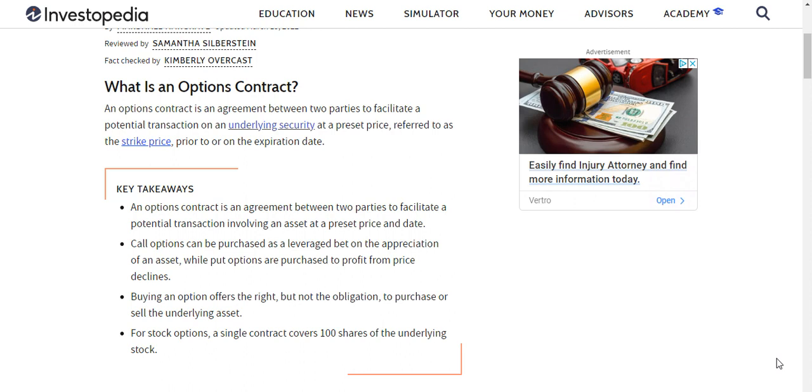Now, the first thing to talk about is, why should you even trade options in the beginning? Well, trading options is a really great way to trade, in my opinion, because you can make profits whether the price of a stock rises or falls.